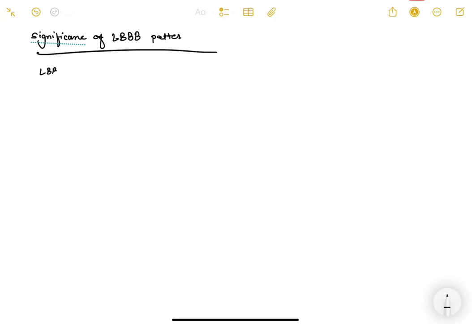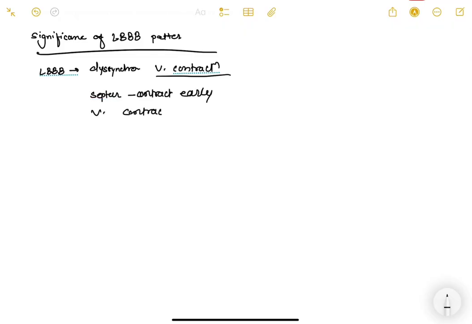What happens in LBBB is there is dyssynchrony in ventricular contraction. The septum contracts early and the ventricle contracts late. So this results in decreased stroke volume and decreased cardiac output. So we get cardiac symptoms in this patient.